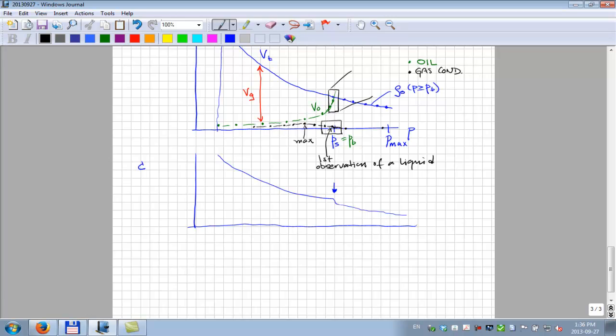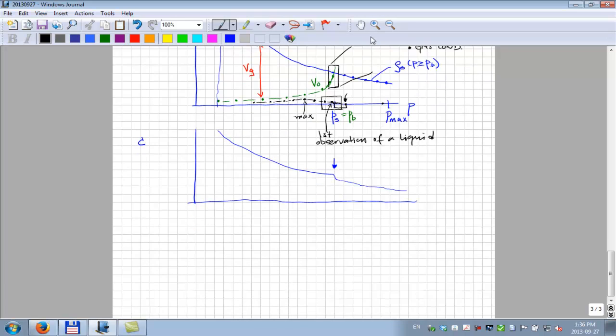It could be any of these, anywhere between where you didn't see anything two-phase to where you saw something two-phase. So basically, the dew point can be anywhere from here to here in reality, because that oil volume may grow quickly or it may grow very slowly.